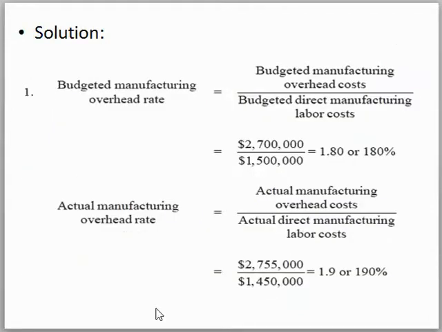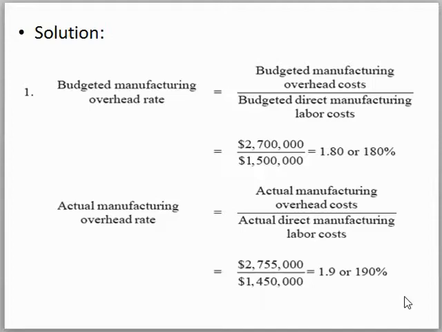So here is the answer. Budgeted manufacturing overhead rate. We divide the budgeted overhead cost by the budgeted base, which is the direct manufacturing labor cost. $2,700,000 divided by $1,500,000, the labor cost, will give us the budgeted rate, which is 1.8.